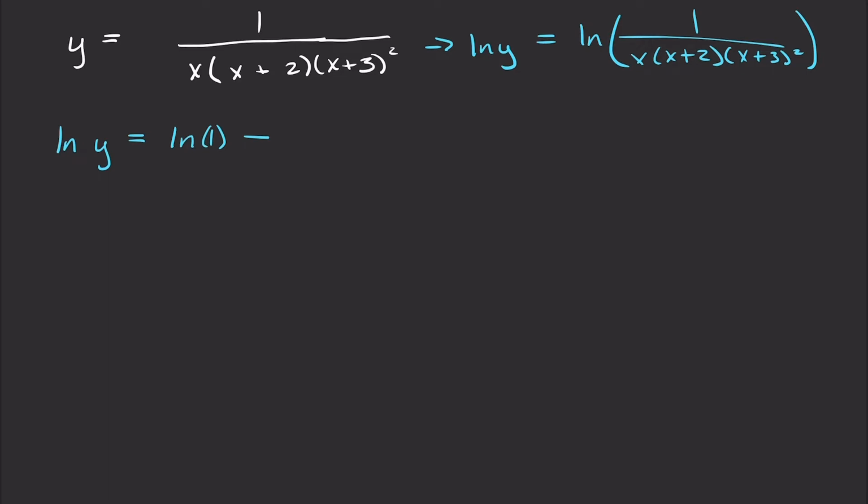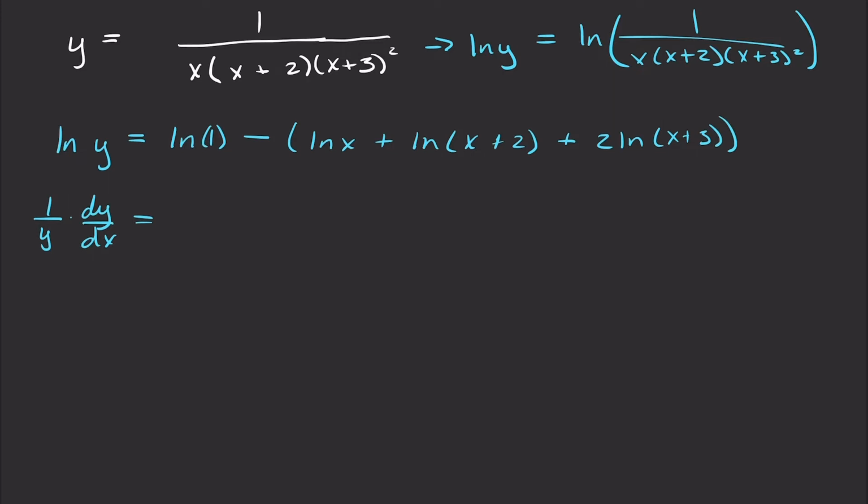So we can write this as minus the natural log of x plus the natural log of x plus 2 plus, this 2 is an exponent, so it can come out front, 2 times the natural log of x plus 3. And now we can take the derivative. So we get 1 over y times dy dx.